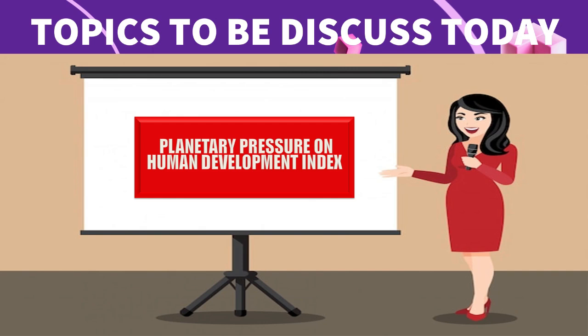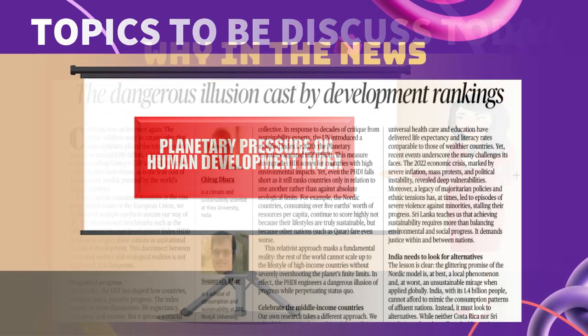Why did the United Nations introduce the planetary pressure adjusted HDI, and what should be the true meaning of progress for a developing nation like India, and why should developing countries like India adopt a different vision of progress, and what are the steps taken by the Indian government, and what is the way forward? These are the topics we are going to discuss in today's news.